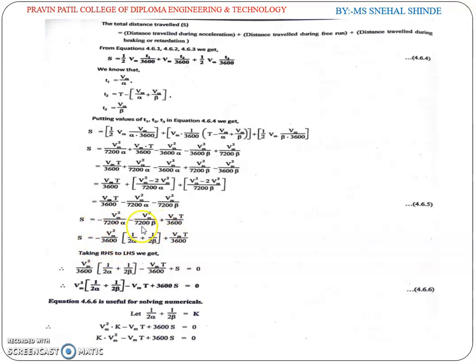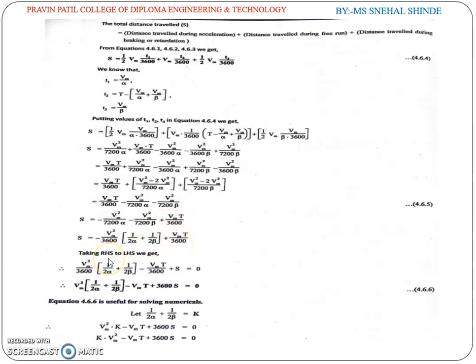So what remains in this bracket is 1 by 2 alpha. Okay, so see, by simply multiplying this you will get this term. So simply I have removed Vm square by 3600 to take this equation as 1 by 2 alpha plus 1 by 2 beta. Okay, so plus this term as it is will come down.